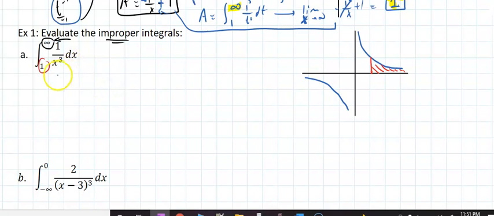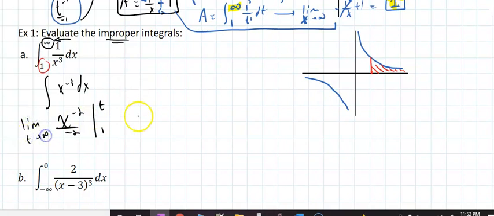So here what we'll do, we'll integrate ignoring the limits, that is x to the negative 3 dx. That is, add 1 to the power, divide by that. Evaluate from 1 to t, and we're going to take the limit as t approaches infinity.